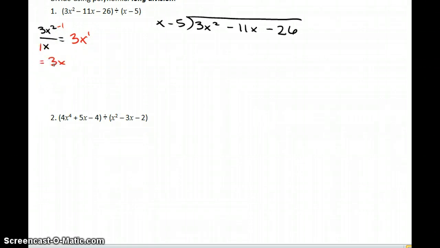What do I do with that 3x? Well, it's an x term, so I'm going to put it right above this x term. My next step was to, after I divide, multiply. So multiplying 3x, distributing of course, times x is 3x squared. 3x times negative 5 is negative 15x.